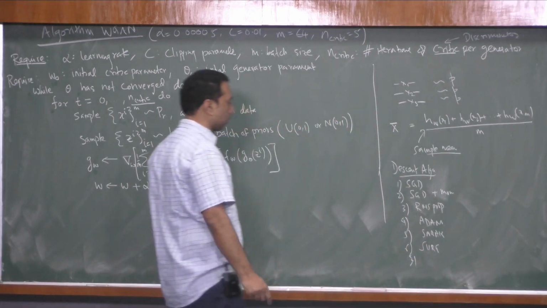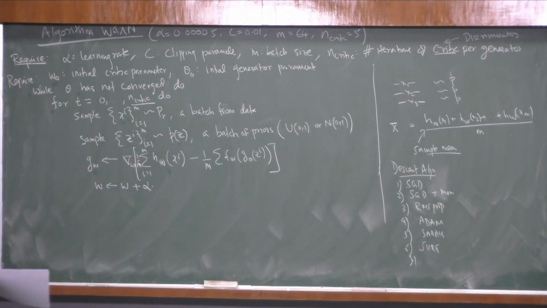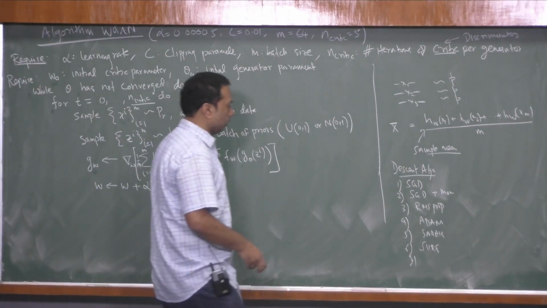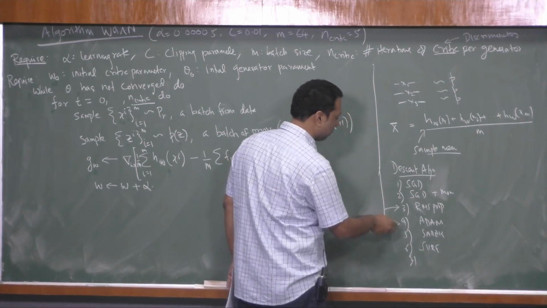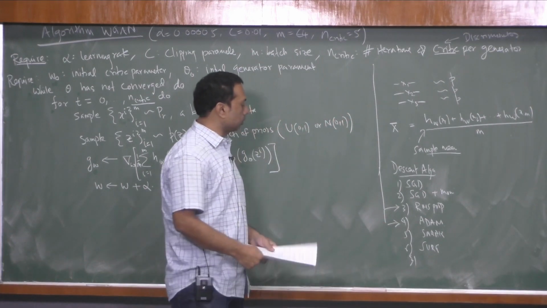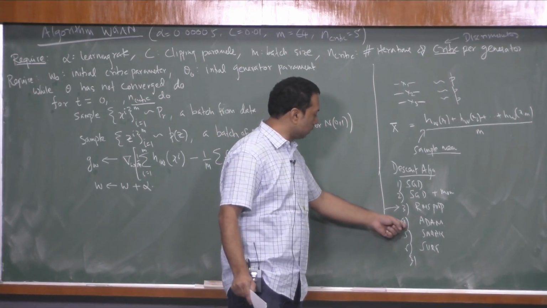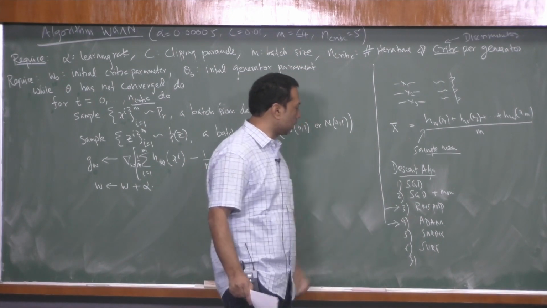Adagrad. From an optimization point of view, there are many possibilities one can choose, but from my own experience, what I have seen is that these are decent. You don't usually get anything exceptionally better than these four. Either you use Adam or RMS prop.